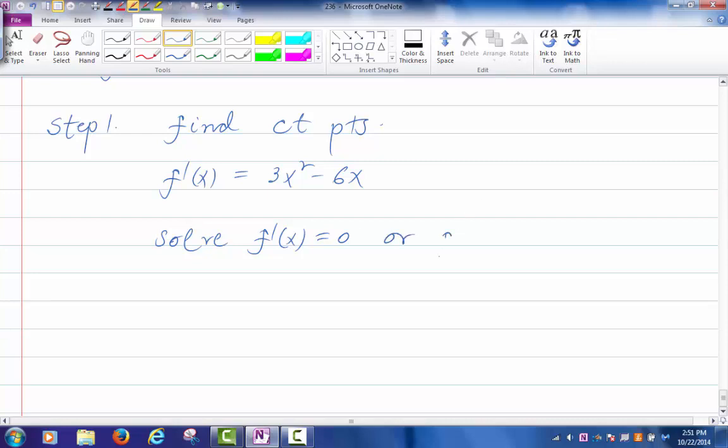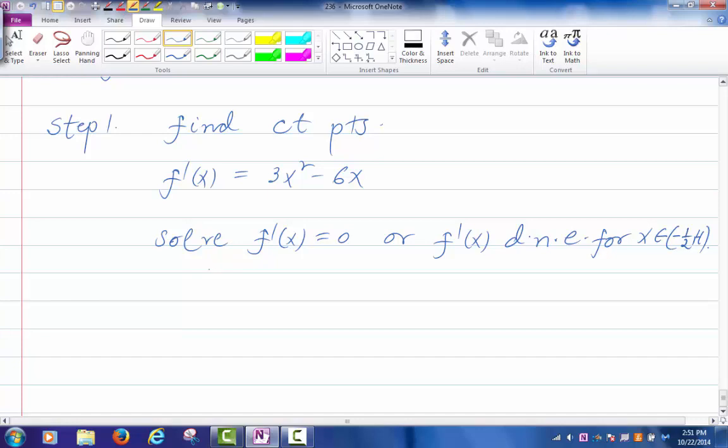I also need to solve where the derivative doesn't exist, for x inside of the given domain, right? What's the given domain? -½ to 4. Notice that I'm using an open interval here because I am going to consider -½ and 4 as endpoints anyway, so I don't have to worry about including them here.